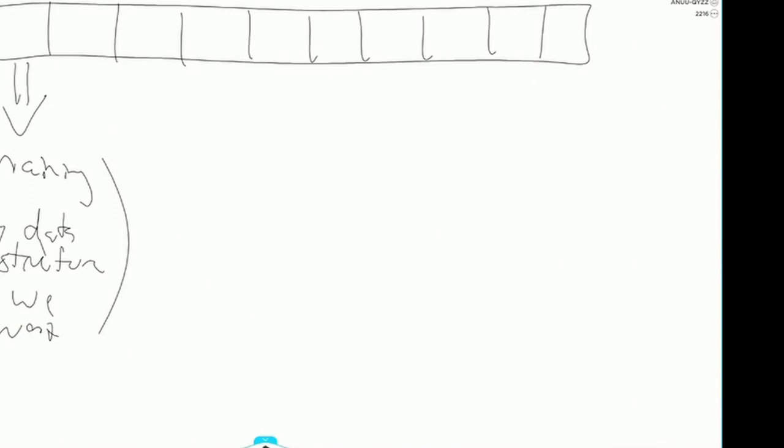If we are searching for something, what has been one of the best data structures to have when we're searching for something? Red-black tree or just regular binary search tree. Either one. Okay?